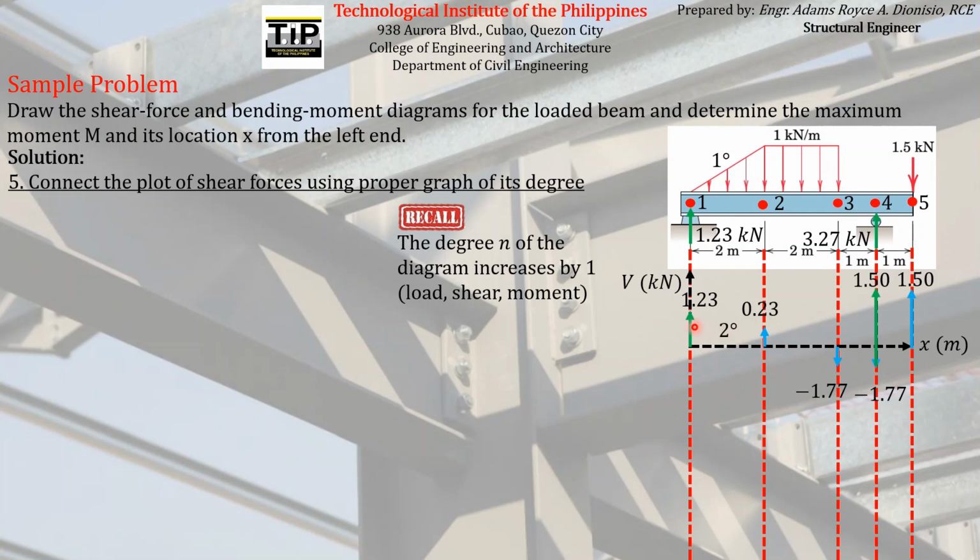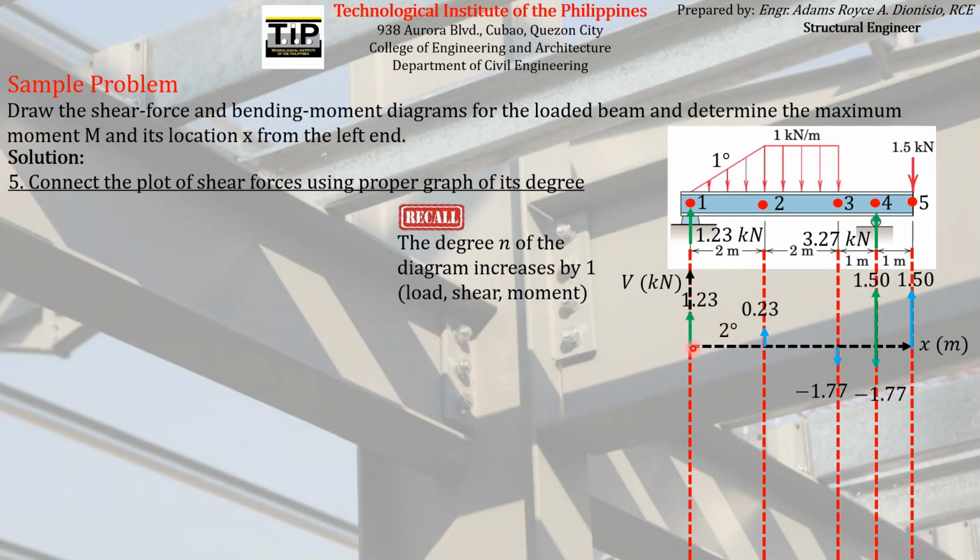So the question will be, how can we connect these 2 points using a parabola? Do we need to connect them in this manner, concave downward? Or do we need to connect them using this manner, which is concave upward? So how can we know which is which?